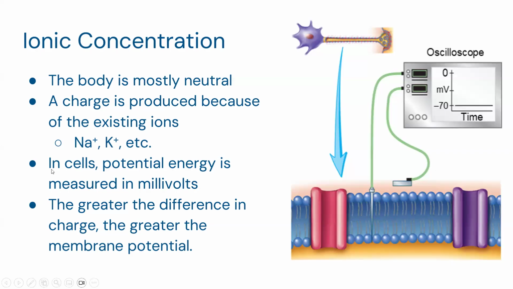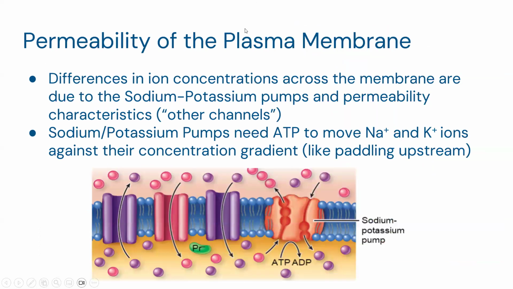So we're going to talk specifically about potassium, which is K plus, and sodium, which is Na plus. These are ions because they have a charge. The plasma membrane is another way to say our cell membrane, and we just said that there's a charge because we have a difference in ion concentrations.